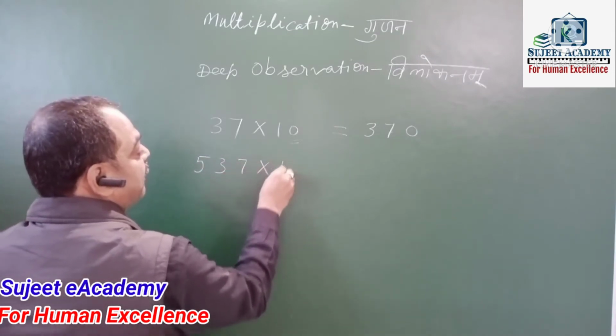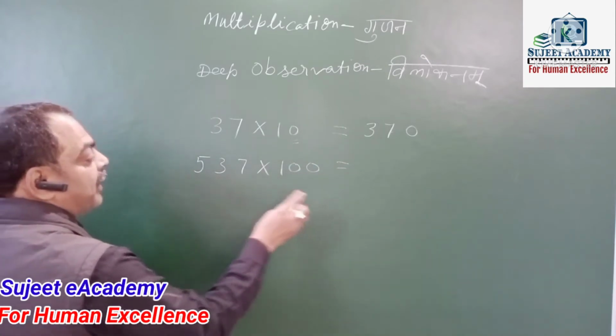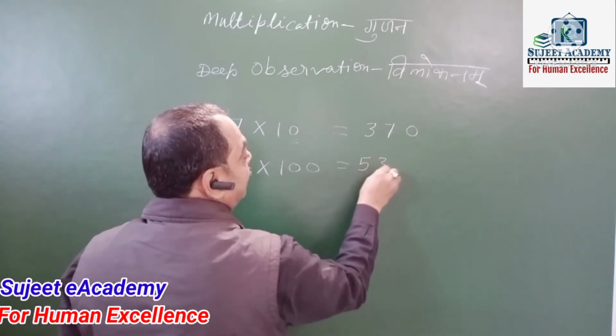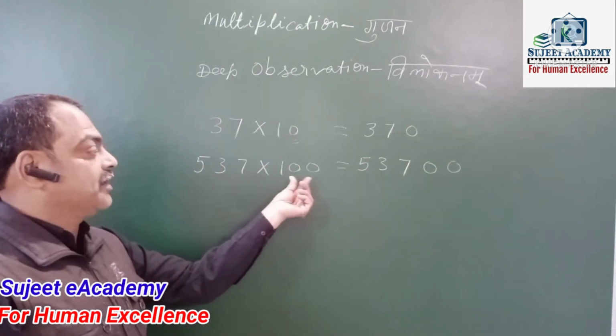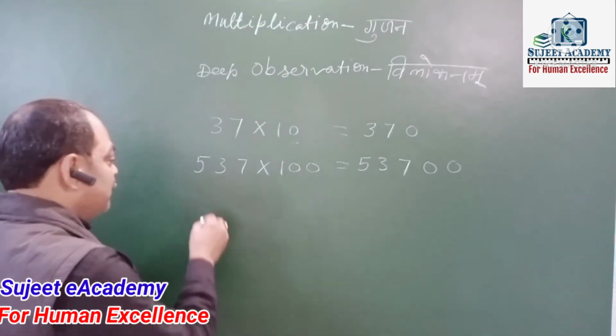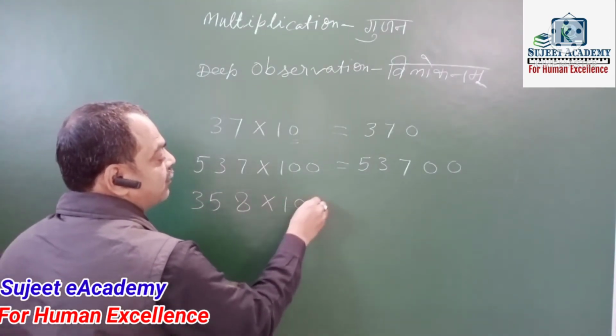537 multiplied by 100. You put 2 zeros in this number: 537, and 2 more zeros. One more, 358 multiplied by 1000.